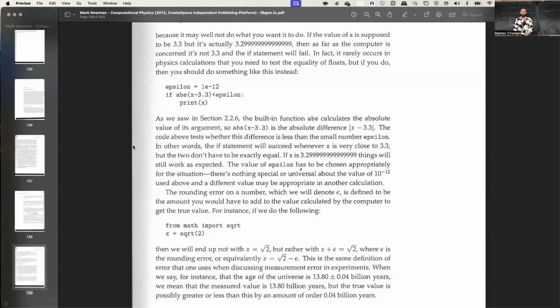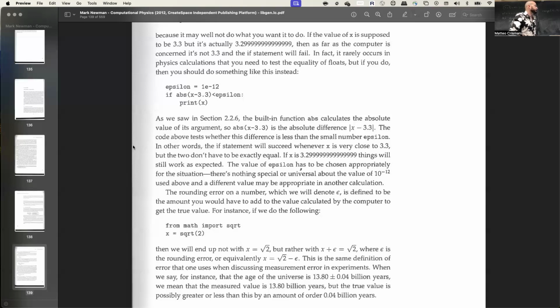Okay. But if you come across a case that needs you to test the equality of floats, what do you do? There is an actual way to attack this. There you have a variable epsilon equal to 10 to the negative 12.